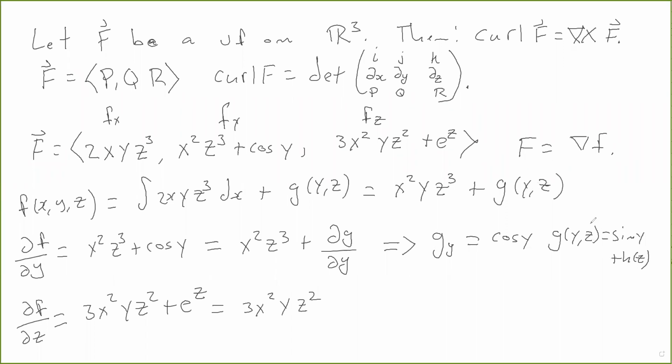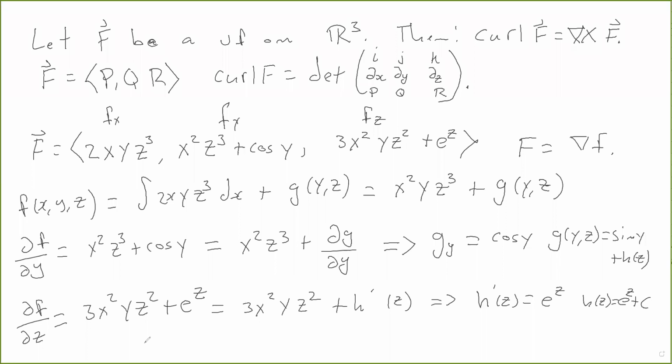But g is equal to sine of y plus some function of z. So this is just going to be plus h prime of z. Okay, so this tells us that h prime of z is equal to e to the z. So in other words, h of z is equal to e to the z plus some constant c.